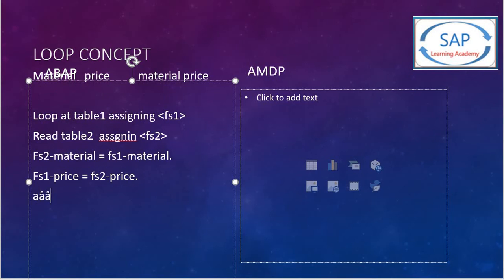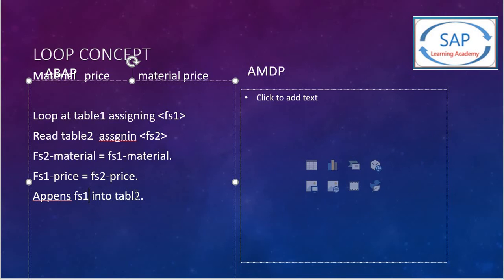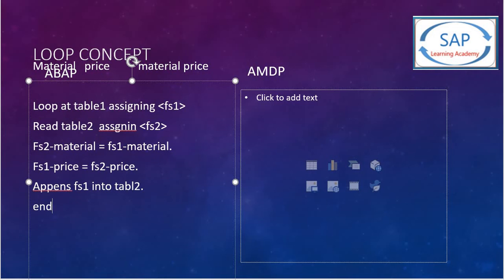Then you have to append the data. Sorry, here you have to append the fs1 actually, because you are updating here, into your main table, which is table 1. Then you just do end loop, and that's the loop you write.